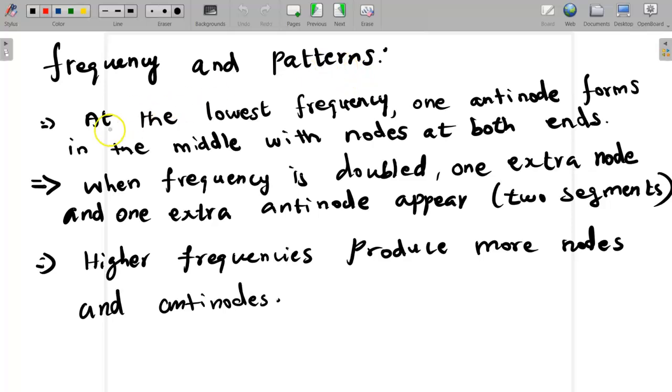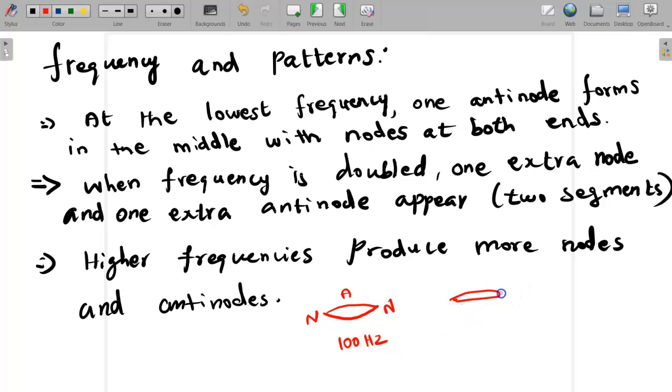Frequency and patterns. At the lowest frequency, one antinode forms in the middle with nodes at both ends. When frequency is doubled, one extra node and one extra antinode appear, as I discussed before. Now here is the frequency of one segment. Here we have two nodes, one antinode. Let's say it is 100 Hertz.